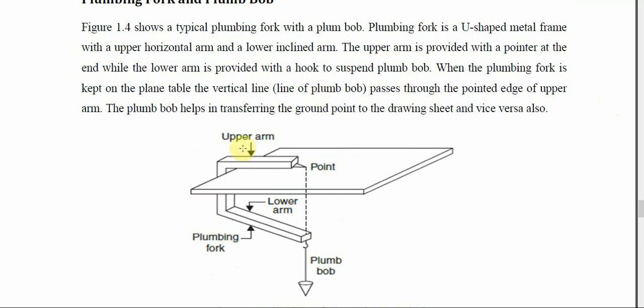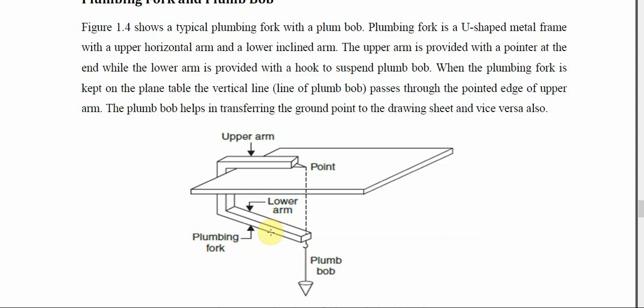So this is my upper horizontal arm and this is my lower inclined arm. Plumbing fork with a plumb bob is used to locate the point on the ground.